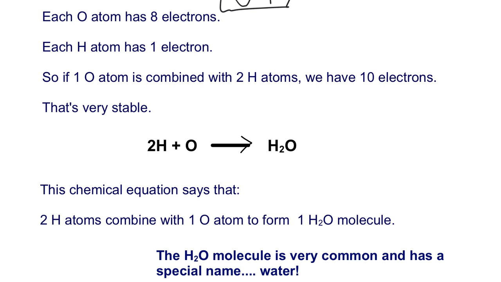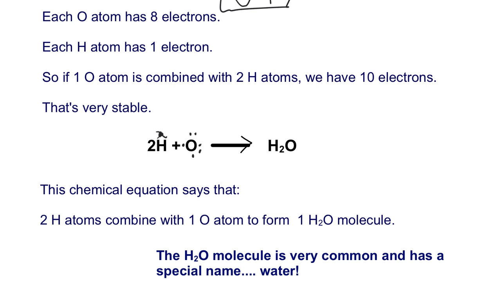Okay, so let's see how this is happening. So we got 2 hydrogen atoms, each one with 1 electron. Now I'm going to do a Lewis dot diagram, just showing the outer shell. And then the outer shell of oxygen has 6, so I do it like this: 1, 2, 3, 4. Then I pair them 5, 6.